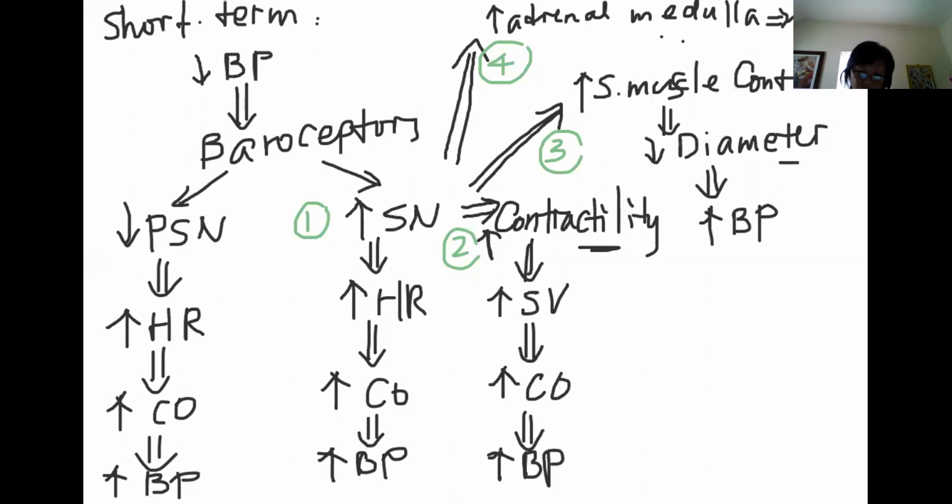Once you have more norepinephrine, basically you can do number 1, 2, 3 again. Same effects. The first part we're talking about is the neural regulation. Only this number 4 arm here is hormonal regulation. But hormonal regulation, the effect is the same as the neural regulation. Okay, we're done here.